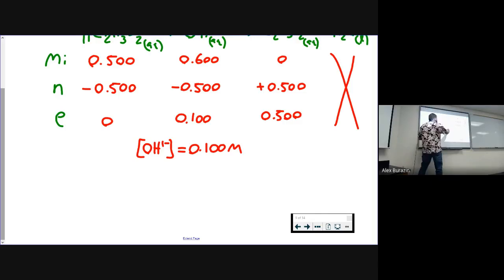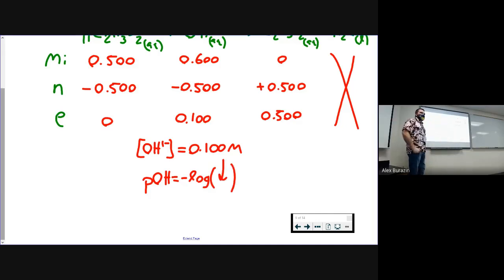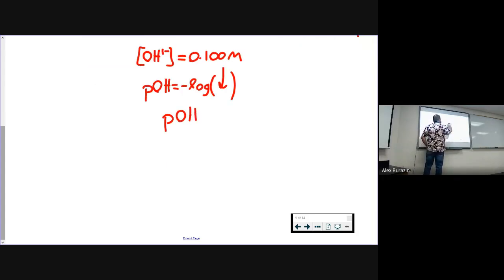Let's take the negative log of this. What will that get me? If I take the negative log of that, I get the pOH. What do you get for a value of pOH if somebody's working ahead? Say that again? Oh yeah, I suppose I could figure that out. 14 minus 1.